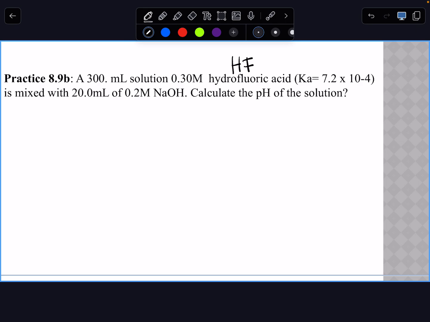No, because remember, if it has OH, then it's most likely a strong base. So that means you have to do a RICE chart. Or in a sense, not so much the RICE chart, but you have to think about how much is reacting and how much you'll have left, which is a RICE chart.